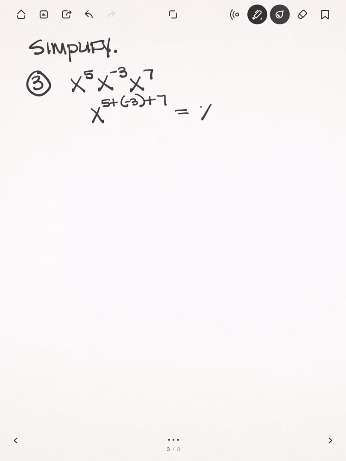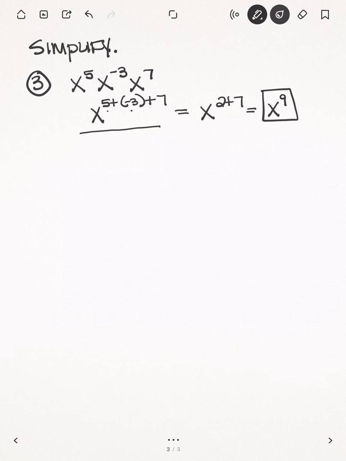So I get x to the 5 plus a negative 3 is a positive 2, plus 7, which is x to the positive 9. And you don't have to show this step right here. I just showed that to show you that, hey, I'm going to write my base and I'm going to add my exponents and simplify.